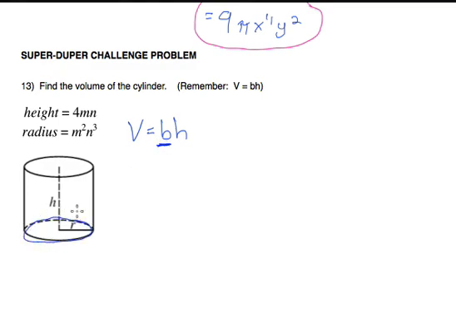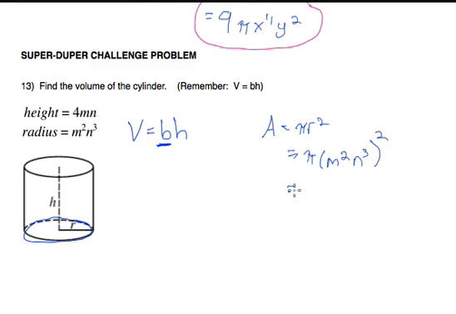So let's first figure out the base. The base here is going to be the area of a circle, which is just pi r squared. What's our r? Our radius is m squared times n cubed. All right, so I'm sorry, let's do this. Pi, and then r is m squared times n cubed, and we're raising that to the second power because we're squaring what r is.